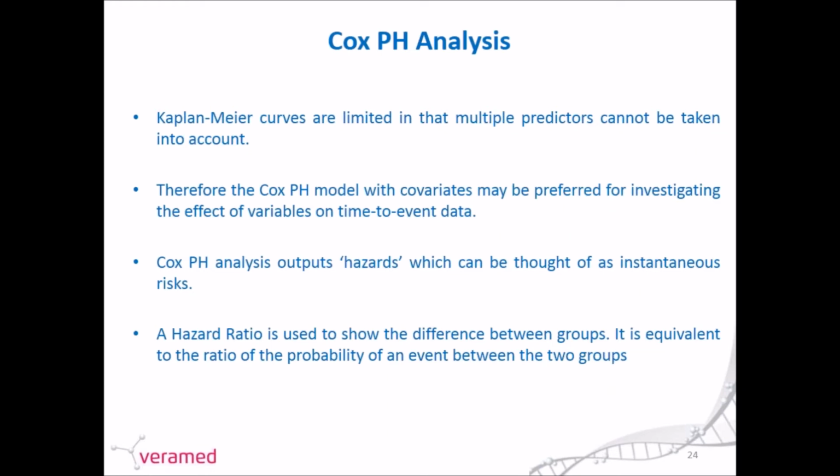So these would be covariates, so another variable of interest that might be affecting the outcome of the time to event data. So the Cox proportional hazard produces what's known as a hazard. This is the instantaneous risk of the event occurring in a given time.